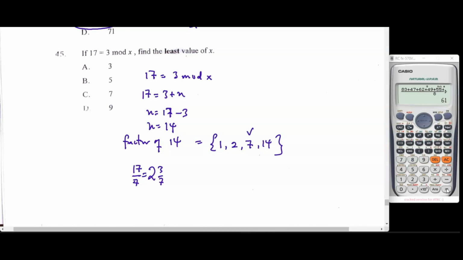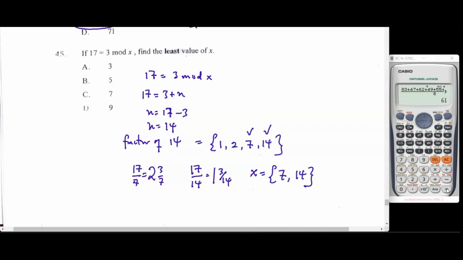So let's work it out. When we also have 17 divided by 14, which is the mode, 14 will go into 17 how many times? 1. A remainder of what? 3, all on 14. So it means that we have two possible solutions that actually satisfy this equation, which are either x is equal to 7 or x as 14.